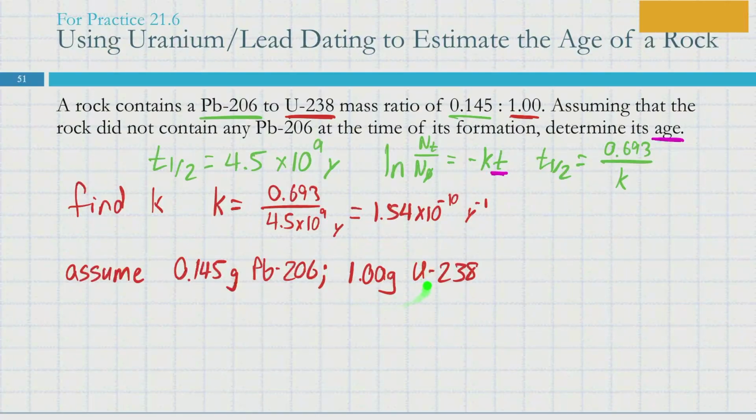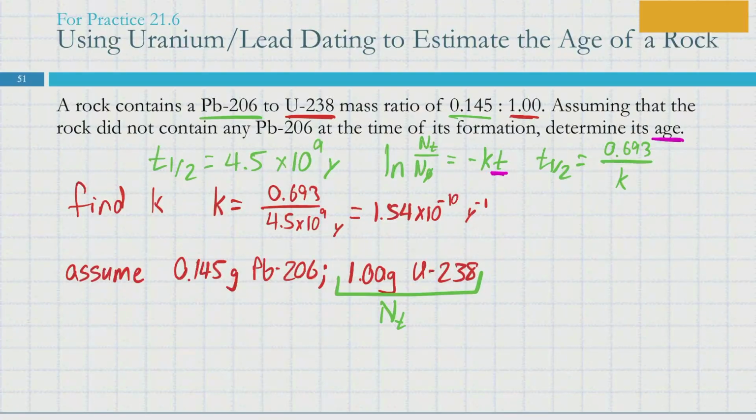Right, so we have, at this point in time, 1 gram of uranium-238. This would be our NT. It's the amount that we have now.